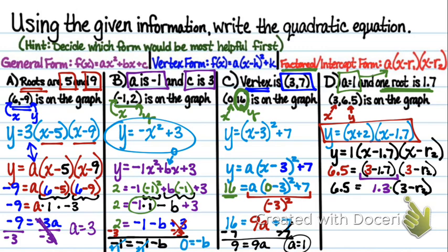So what could I do instead if I didn't want to distribute, but I still want to get rid of it? What undoes multiplication? Division. So I can divide by 1.3. What is 6.5 divided by 1.3?